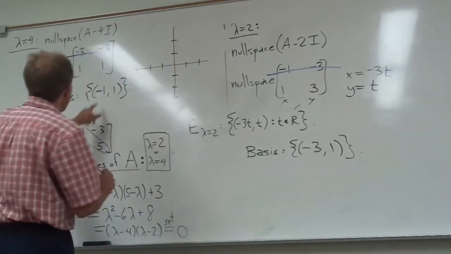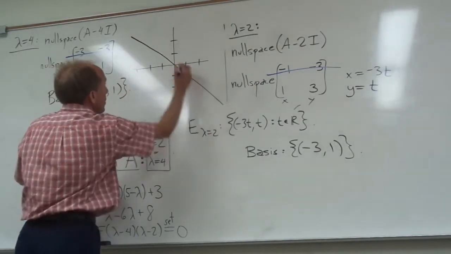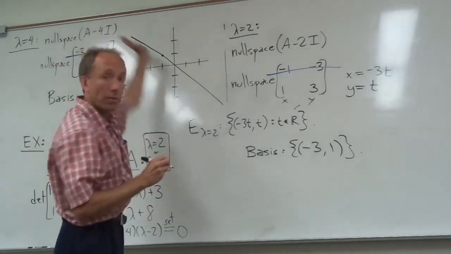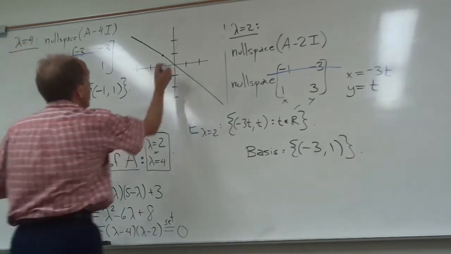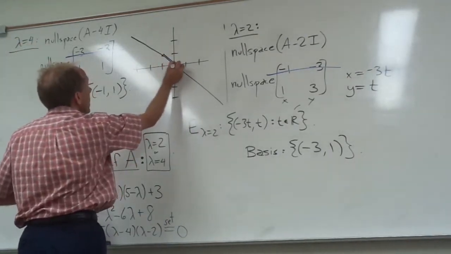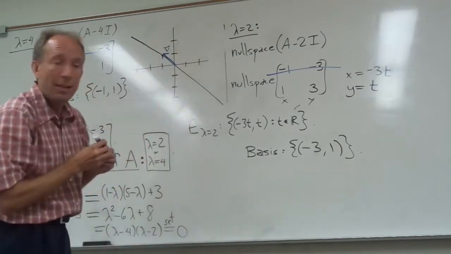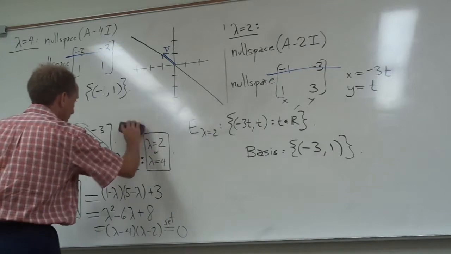Well, the point is, if I look at negative 1, 1, that's basically this direction right here, and any multiple of negative 1, 1 would be on that line. What we're saying is that if I start with any vector that is on that line, say that's v right there, if I multiply it by this matrix, actually let's just see what we would get.